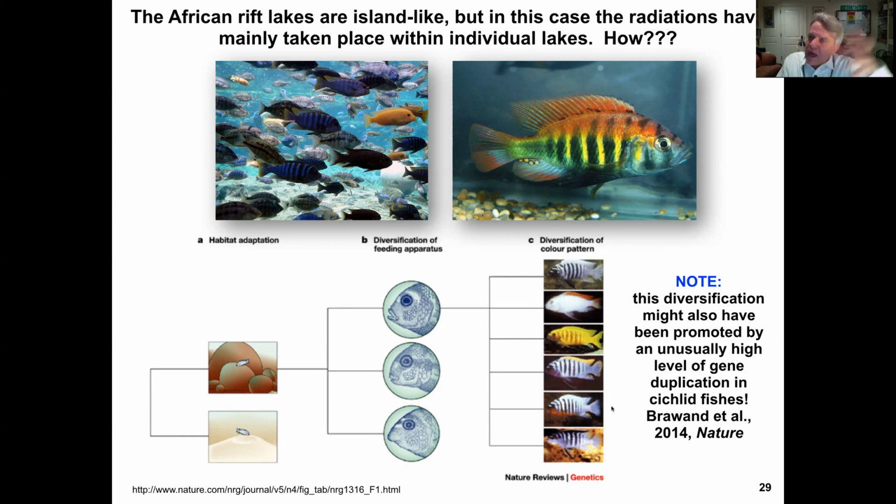So it's a set of nested replicated radiations involving habitat, diet that's reflected in their oral morphology, and then secondary sexual characters. That is assortative mating that is related to behavior and color patterns among these different closely related species.